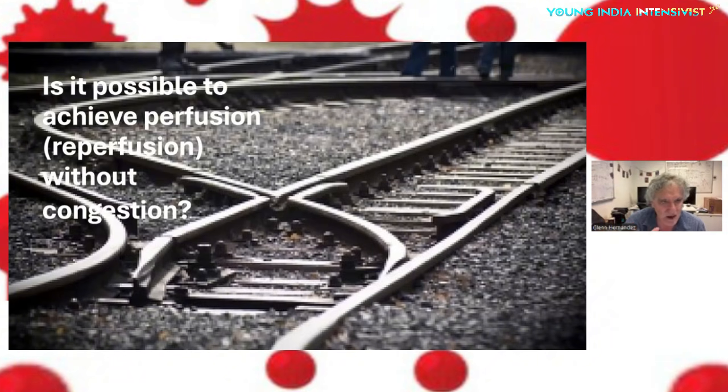We could ask ourselves if it is possible to achieve perfusion without congestion in septic shock, where many background pathophysiological derangements make a patient prone to go to congestion.